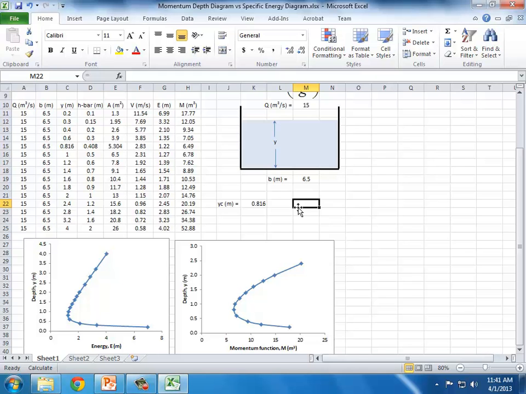There are some cases where energy is not conserved through a transition, but there's going to be a new depth. These are examples of gradually varying flow.